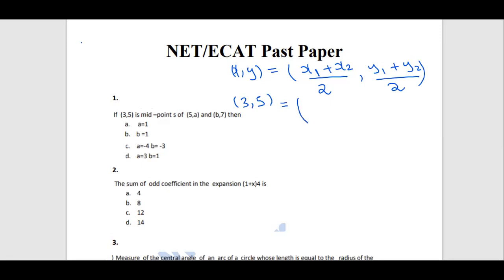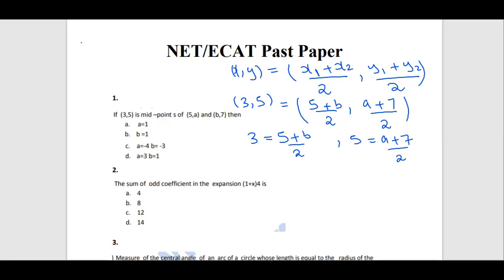So we can write it as 5 plus b by 2, comma a plus 7 by 2, because y1 is a and y2 is 7. And now obviously we have two ordered pairs, so we can compare the x parts. So 3 equals 5 plus b by 2 and 5 equals a plus 7 by 2.